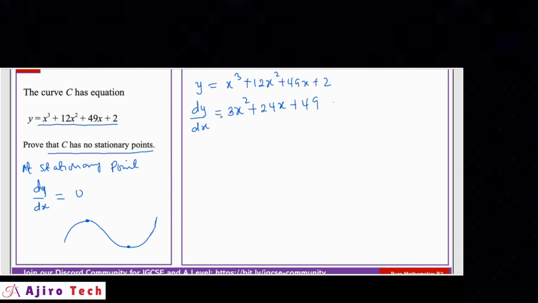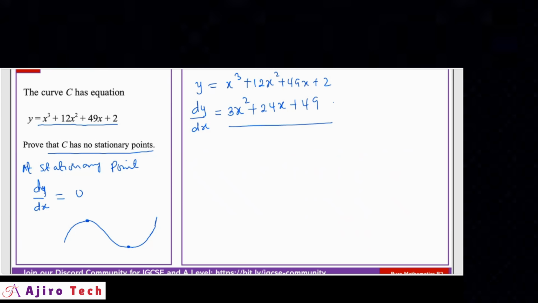Don't forget we said that at a stationary point dy/dx equals 0.